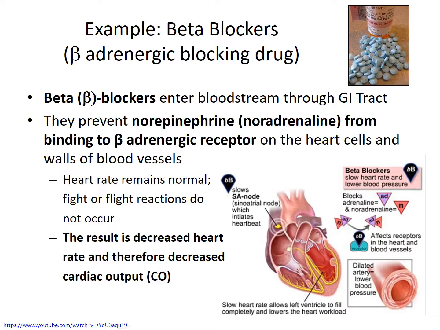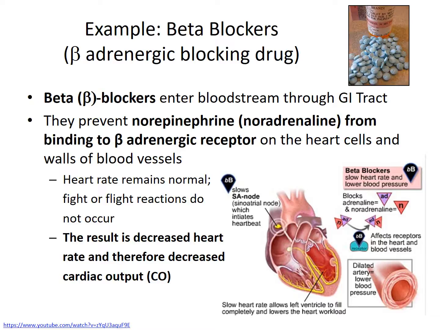You remember one of the adrenergic subclasses of receptors were beta receptors. Beta blockers are used to reduce the stress on the heart.